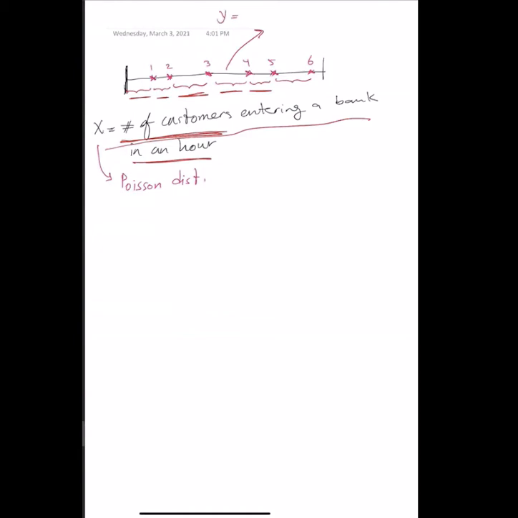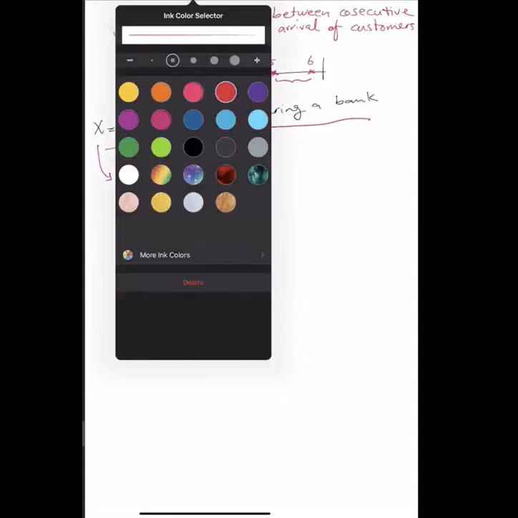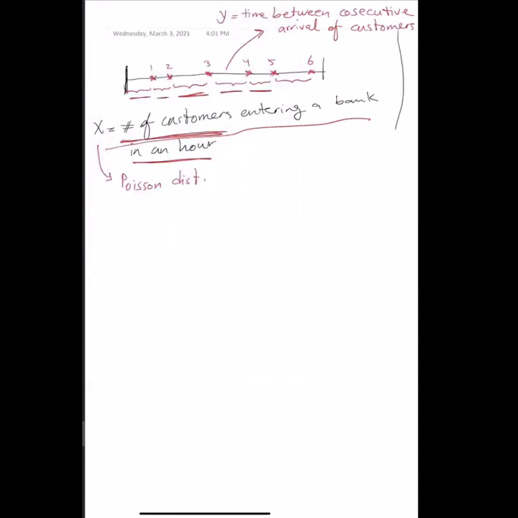So if I call it random variable y, that's the time between consecutive arrivals of customers, and this random variable is the one that has an exponential distribution.